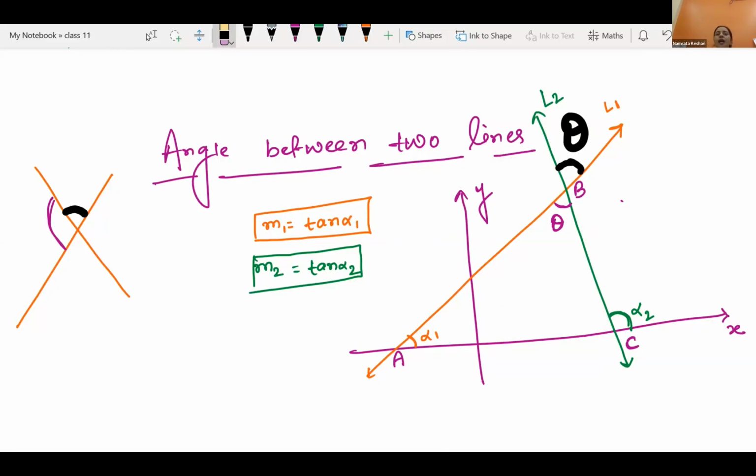How to find the angle between two lines, theta? So we can use triangle ABC. If we use the exterior angle property, you will find there is an exterior angle over here, which we are calling alpha 2. That can be written as the sum of alpha 1 and theta. Yes or no? Is it making sense to all of you?